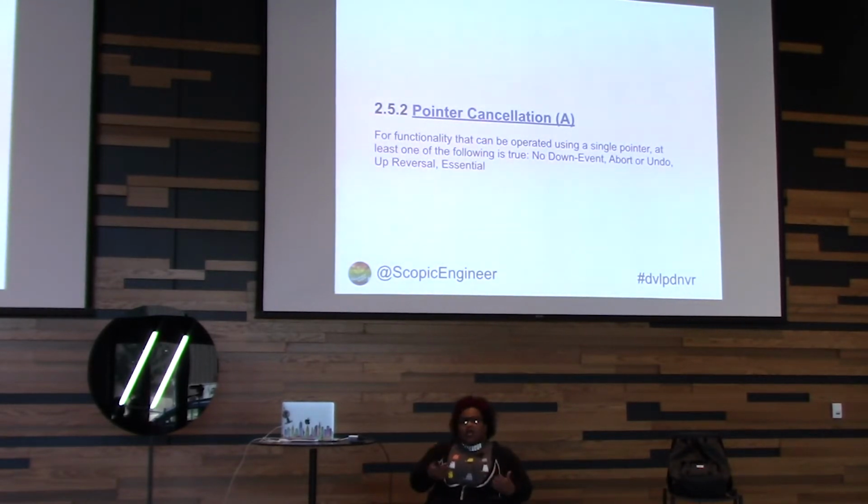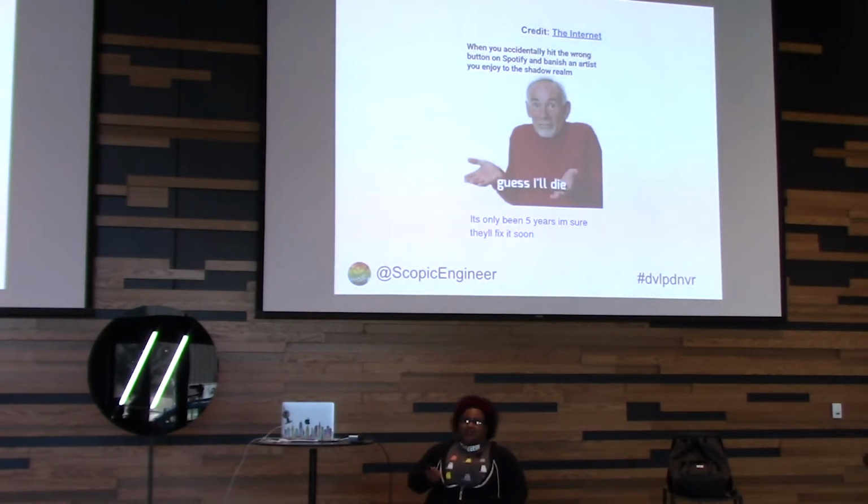So you're allowing people who are using your application alternate ways of backing out of an action. And so this is what I found. I credit the internet because I don't know.